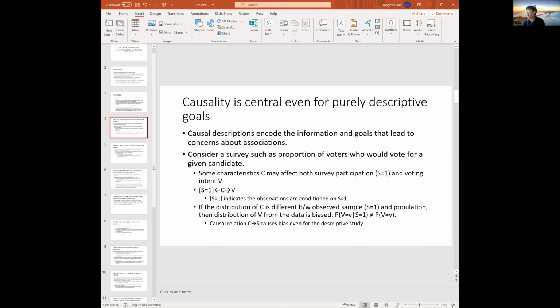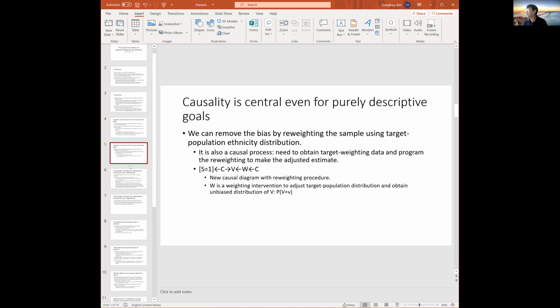The author argues that even the conditioning to remove the bias, or some other reweighting technique proposed in this paper to adjust that bias, is a causal process.